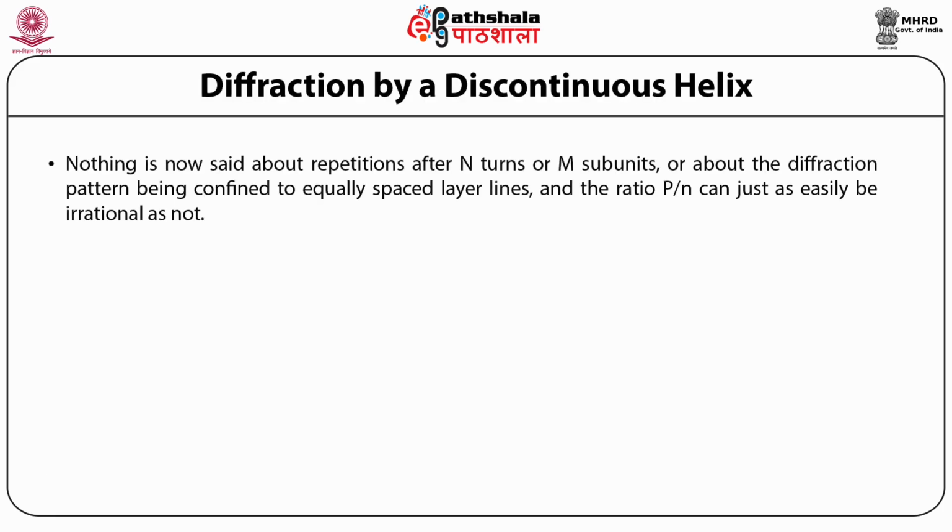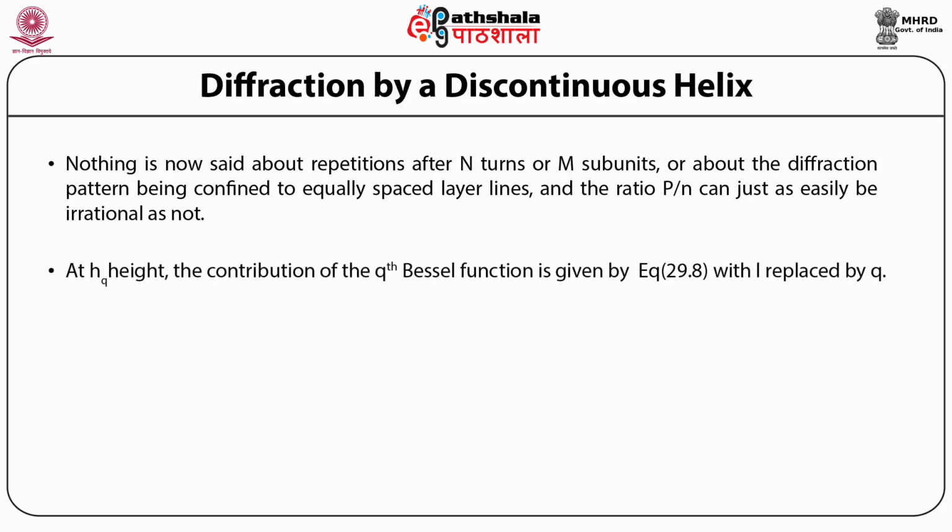Nothing is now said about repetitions after n turns or m subunits, or about the diffraction pattern being confined to equally spaced layer lines, and the ratio capital P over h can just as easily be irrational or not. At eta of q height, the contribution of the qth Bessel function is given by equation 29.8 when l is replaced by little q.